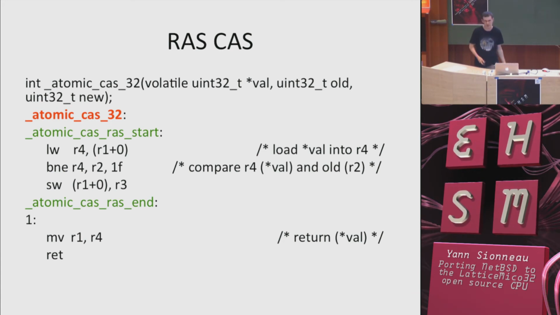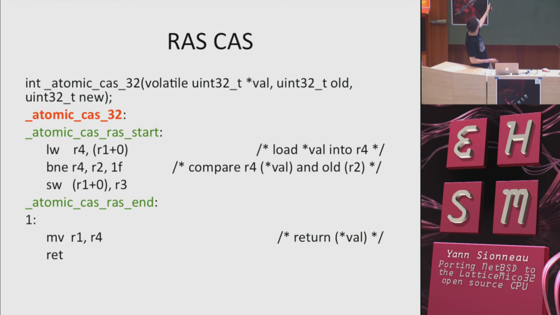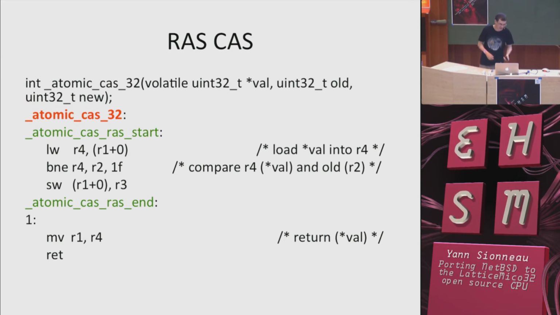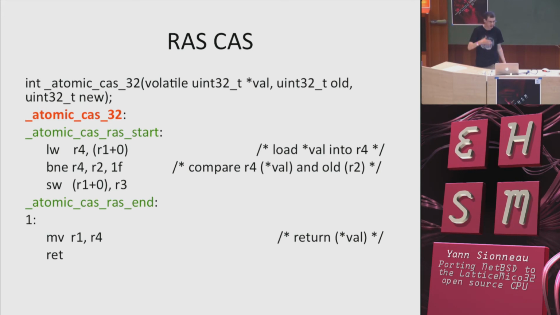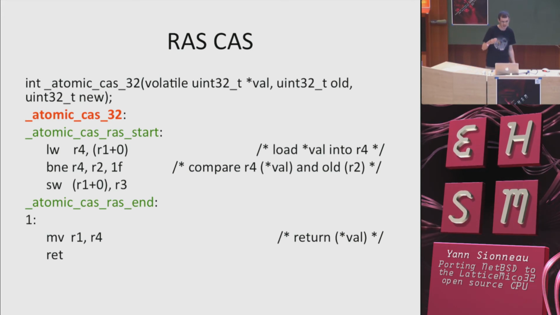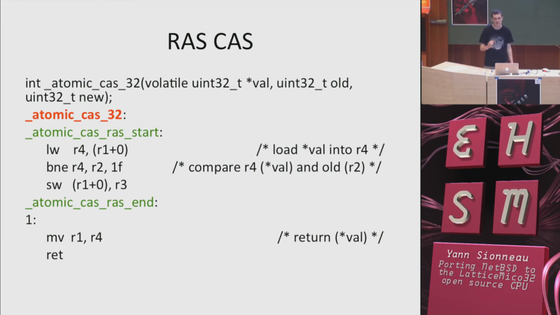So to work around this, there is a symbol here, which is ras_start, which is defined, and then at the end of the operation, there is a ras_end. And the trick here is that when the CPU is interrupted, goes doing something else, and wants to return, it will check to see if it's going to return between a start and end tag.